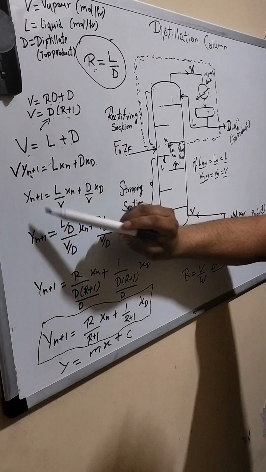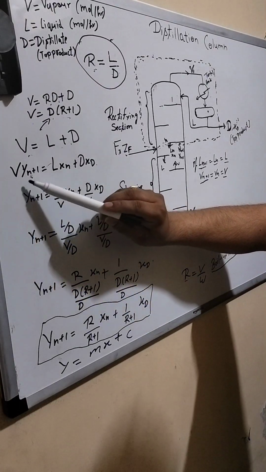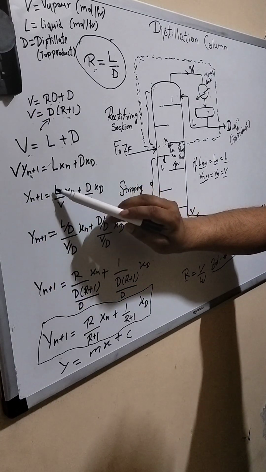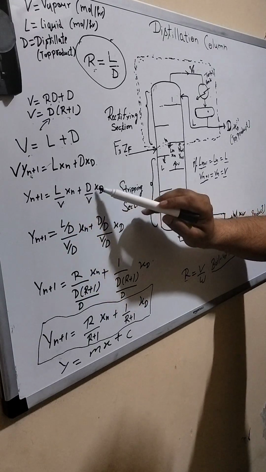Now we will do some mathematical calculation. Yn plus 1 equals L by V xn plus D by V xD.